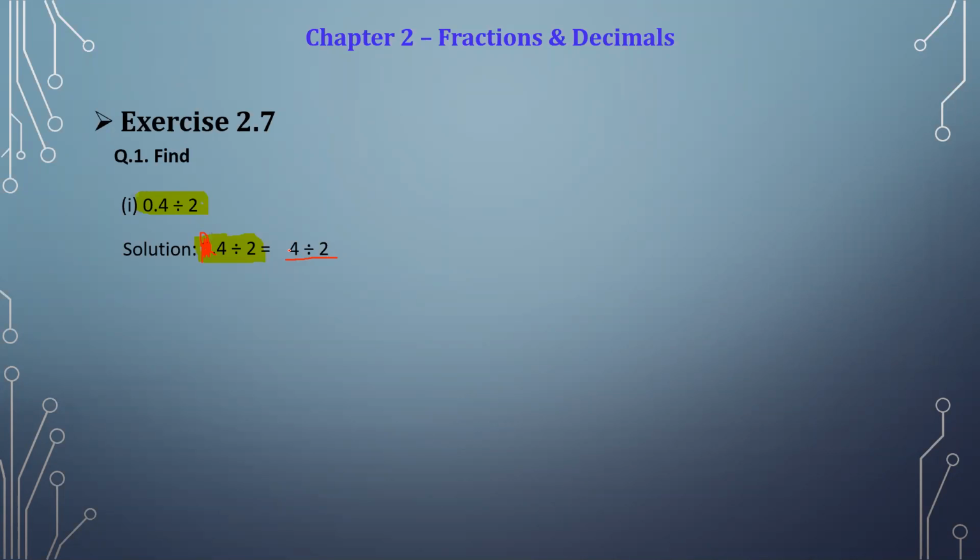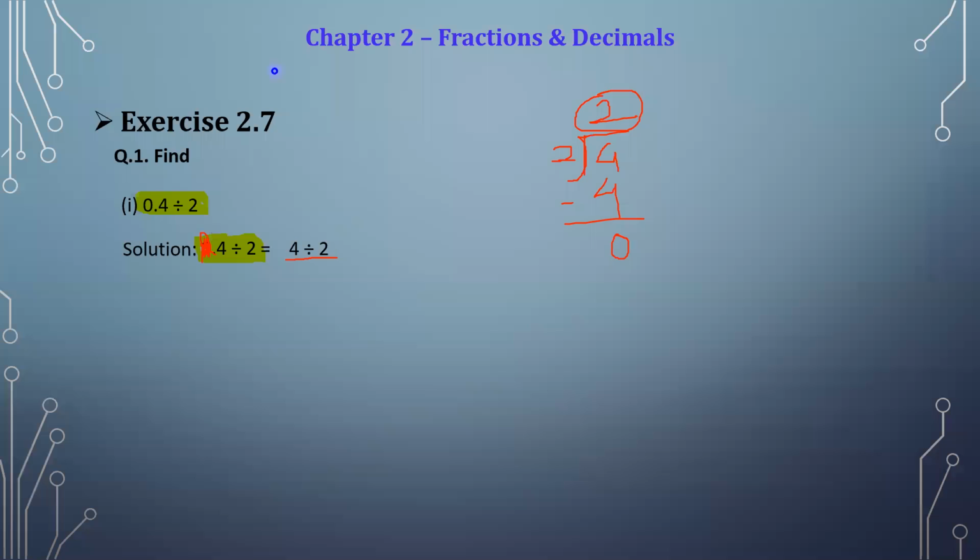Now you know the 2's table, so you can easily divide this 4 by 2. 2 2s are 4. Then 4 minus 4, the remainder is 0, and in this way you get the solution 2. That means the quotient is 2.